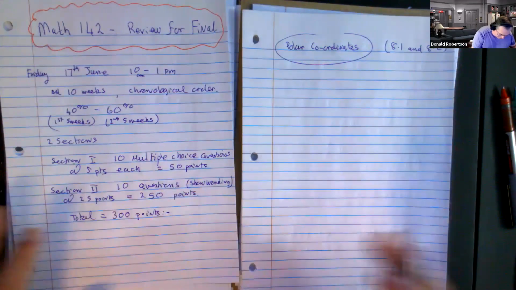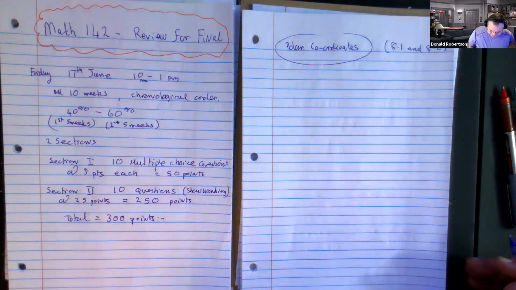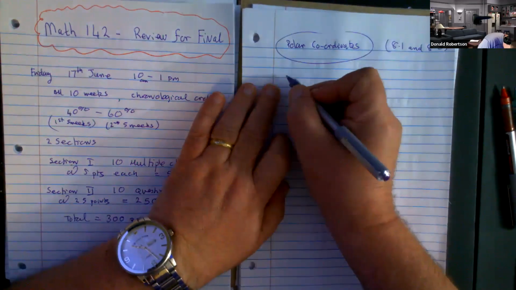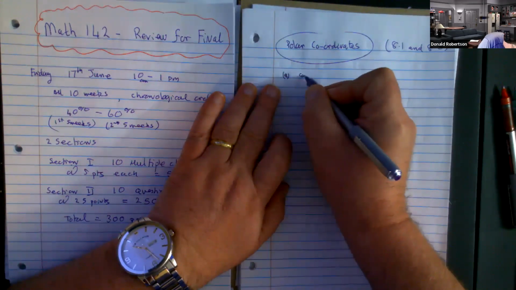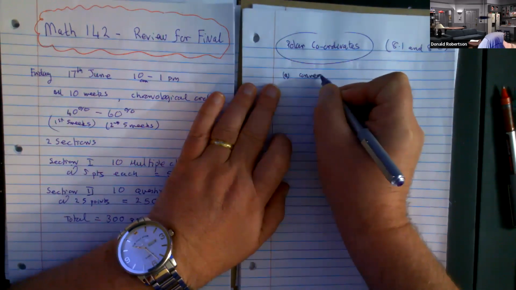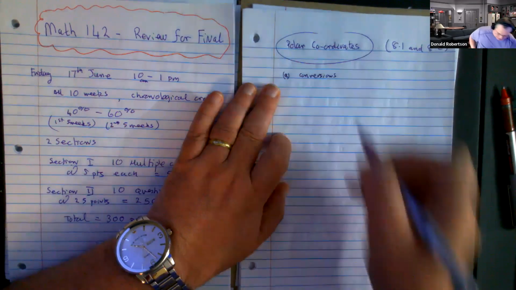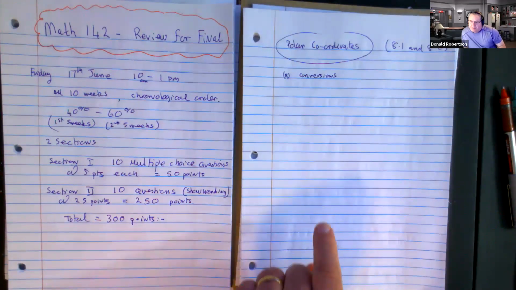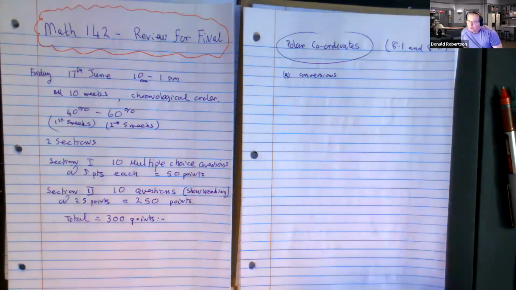Well, there are a number of different types of questions. I think they boil down to about 3 main types. There are questions where you do conversions. That's where you take a point like 5,7 and turn it into polar coordinates, or you take polar coordinates and turn them into 3,4, right?